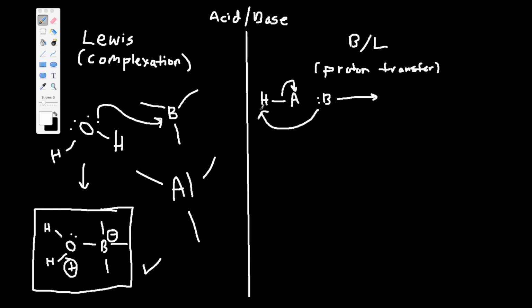It goes out, grabs the hydrogen, and never forget to draw these electrons in this bond going to the acid to form the conjugate base. So the conjugate base is A minus. And the conjugate acid of the base is HB.